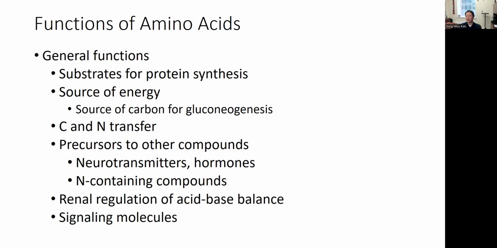And then other nitrogen-containing compounds, like methionine and arginine becoming polyamines. And it helps the renal regulation of acid-base balance because amino acids are zwitterions containing acidic and basic properties, and certain amino acids are more strongly acidic or alkaline. And they also work in signaling in the body as well. So these are very general functions of most amino acids.